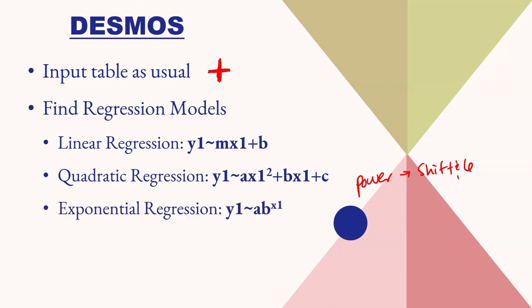And then our last one that I'm going to let you write down is your exponential. I'll give you a moment to write those down before we move on to Desmos.